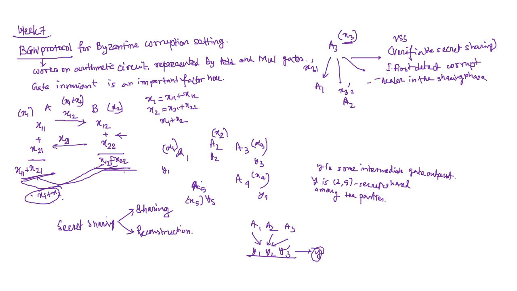Now in the sharing phase, verifiable secret sharing should ensure that the dealer is not corrupt, and even if it is corrupt, it should follow some protocol such that it may not share the actual shares of x3, but it has to be consistent with some secret x3 dash, right. It should not be some random values, right.